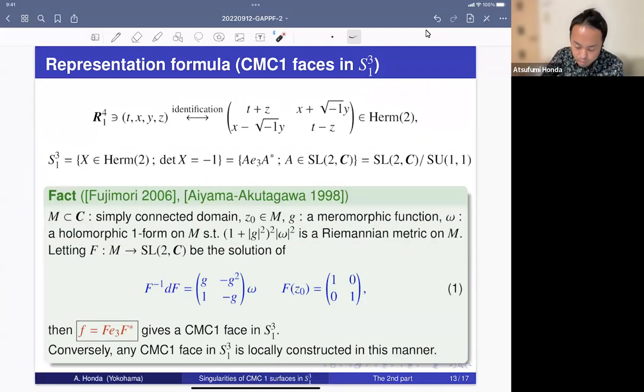Then small f defined in this way gives a CMC-1 face in de Sitter 3-space.